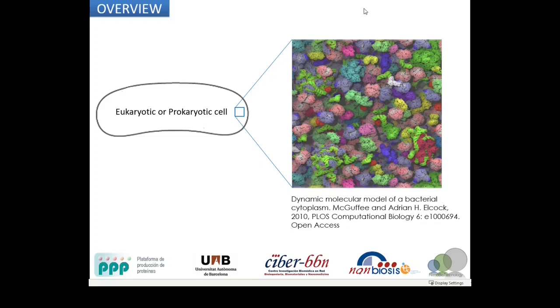Therefore, when producing a recombinant protein, the cell is under stress conditions, and this is related to the appearance of protein in the aggregated form or proteolysis. This image is common for eukaryotic and prokaryotic cells. So these problems can be encountered in both types of expression system.